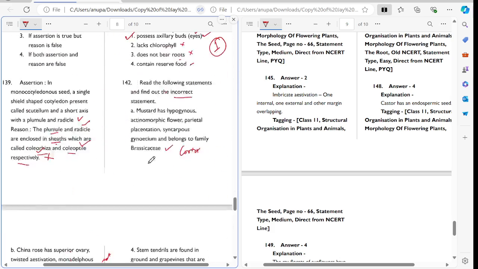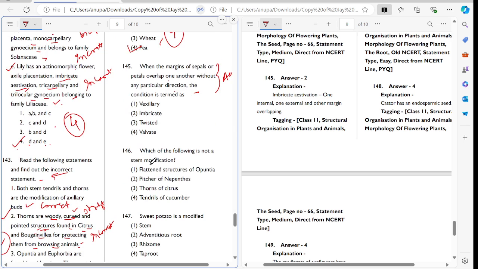Such a condition is termed as imbricate aestivation. Imbricate. So our answer to this question will be option number 2, imbricate.